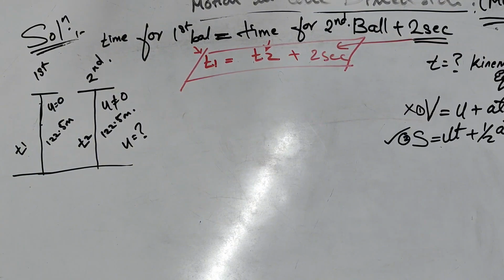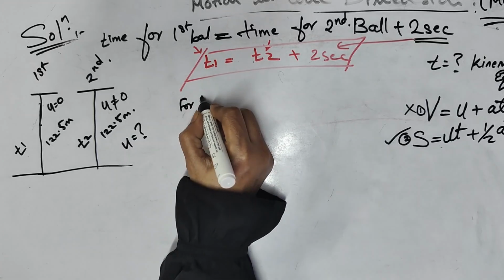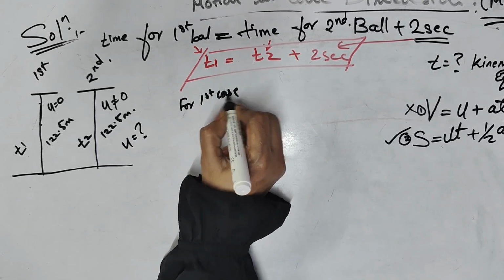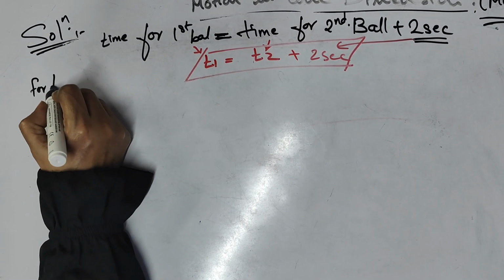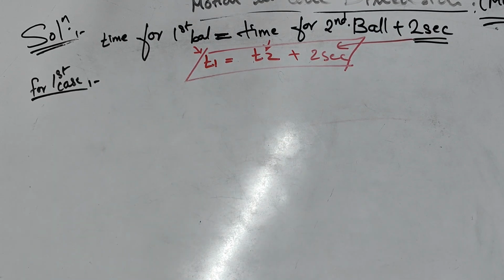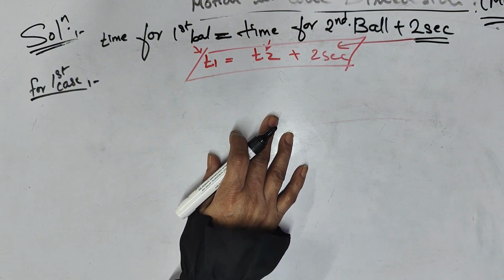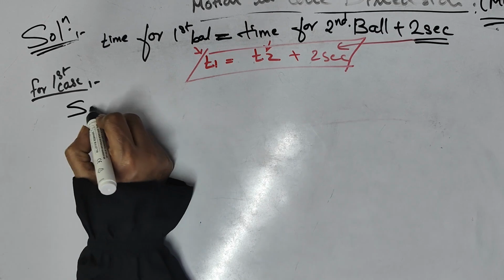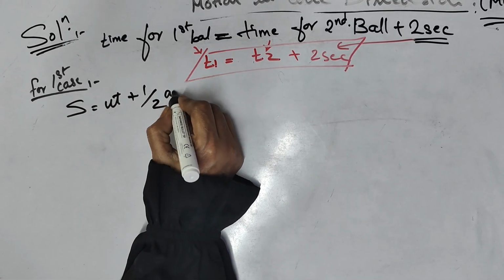Okay, so using for first case, what was our formula? S is equal to ut plus half at square. I'll write it down.